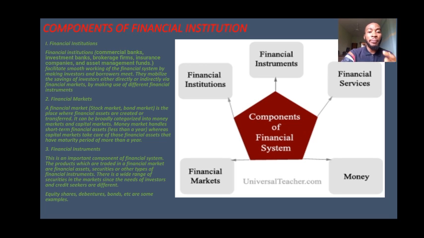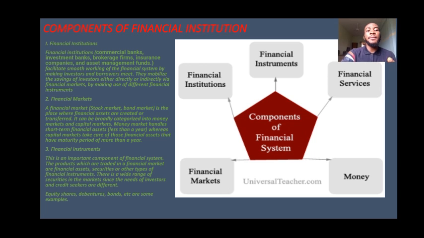Next one is the financial market. A financial market, which is also a stock market or bond market, is the place where financial assets are created or transferred. It can be broadly categorized into money markets and capital markets. I said this before. Money markets handle short-term financial assets of less than a year, whereas capital markets take care of financial assets that have a maturity period of more than a year.